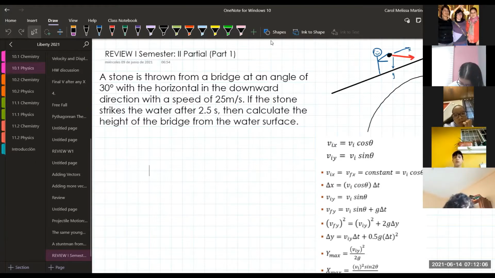And of course, I will include my angle of 30 degrees. Now, it says that the stone is at a velocity of 25 meters per second, and I want to know what is the height of my bridge. That's what the problem is telling you. So I need to find its height.